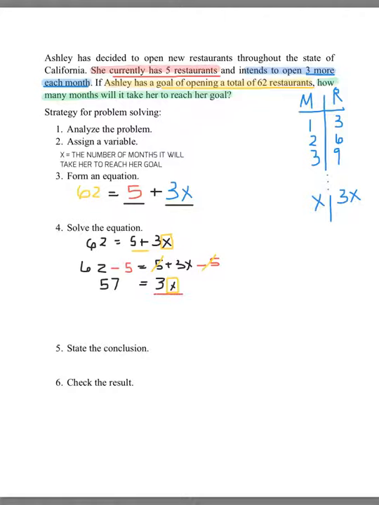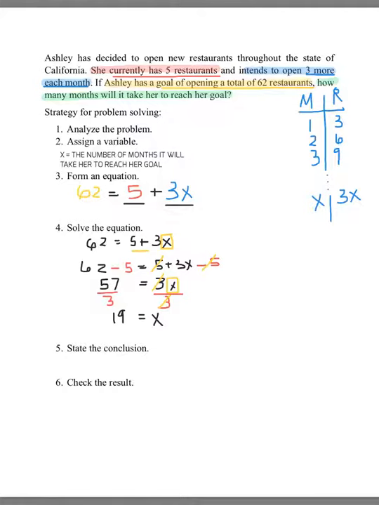So we're going to divide both sides by the number that we want to eliminate, which is 3. So on the right-hand side, the 3 divided by the 3 simplifies out, and we're left with x. And if we do division, we'll end up with 57 divided by 3 is equal to 19.